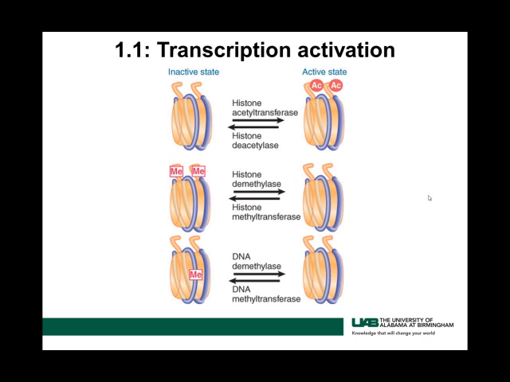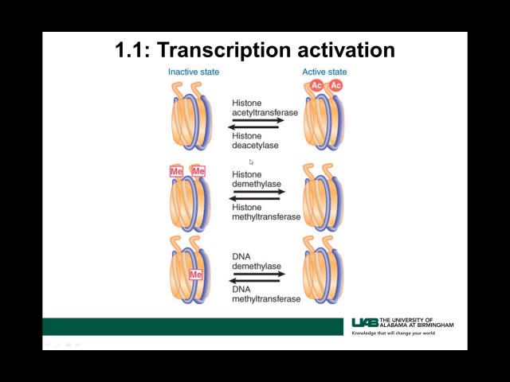So we understand that in order for transcription to occur, you must relax the chromatin, and the nucleosome is where you have DNA wrapped around the histone proteins. And so histone acetyltransferase will acetylate the histone on the nucleosome, thus making it less compact and exposing the DNA that can be transcribed.